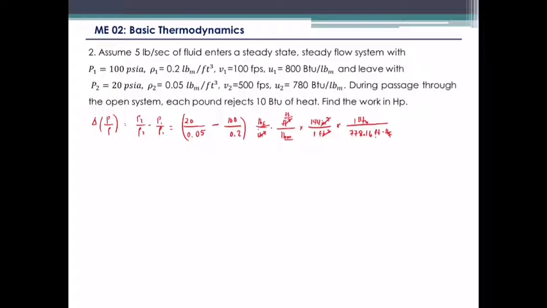So finally, our unit now is BTU per pound mass. Okay, so we can find it now, the unit BTU per pound mass. So this is our delta P over density. The answer is negative 18.51.